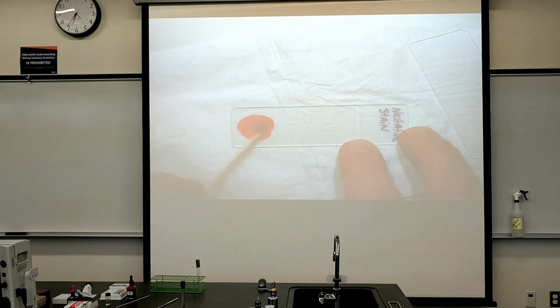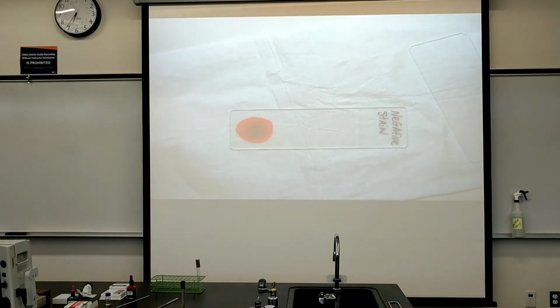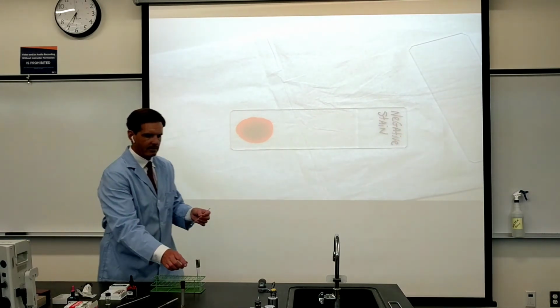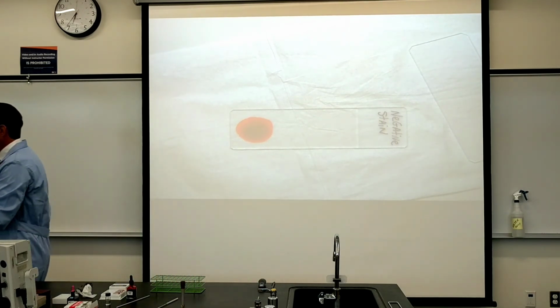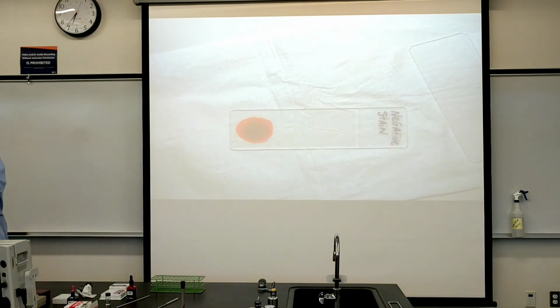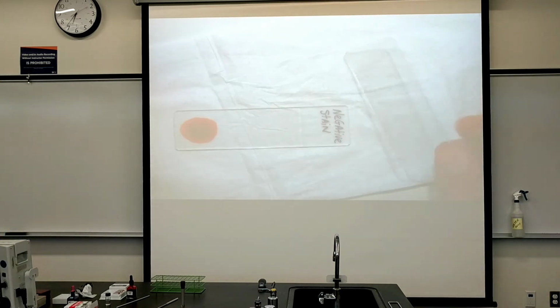Again, we want to do a good job stirring because we don't want the bacteria to be heaped into one place. I'm going to take a second slide and use it to make a smear.